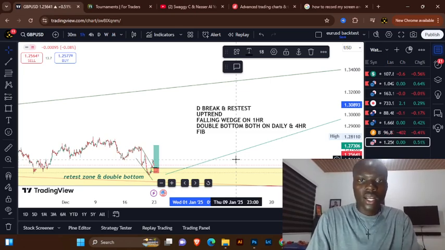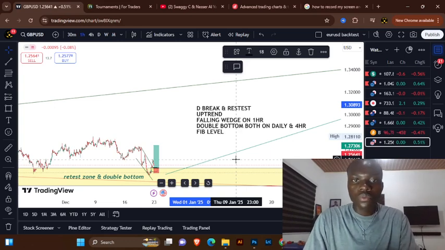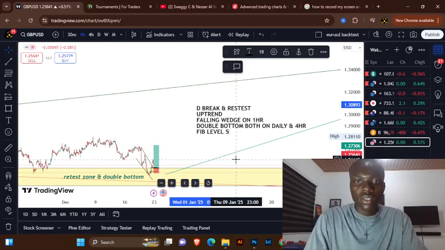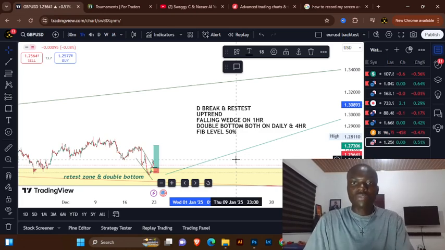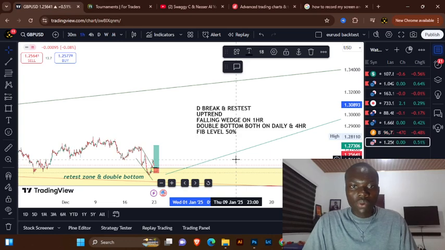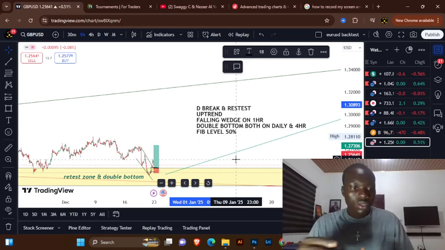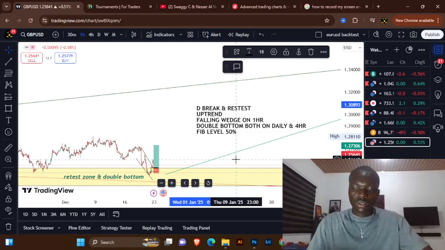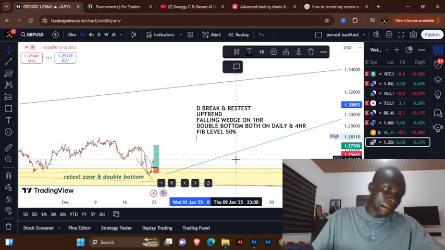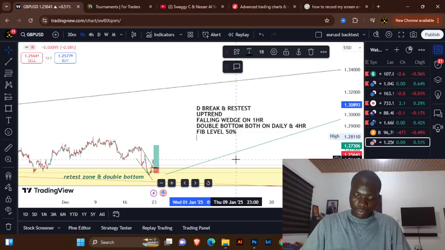We also see that the market is close to our fib level, 50%. It's at our fib level 50%. And if we zoom in again, we'll see that it's on the psychological level. My mouse is not working, sorry, excuse.